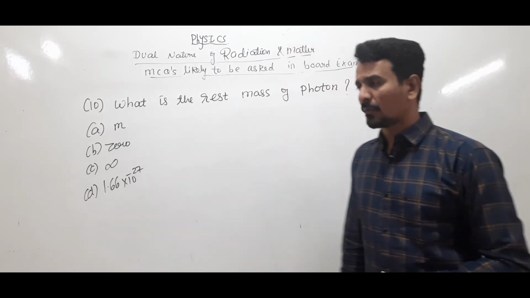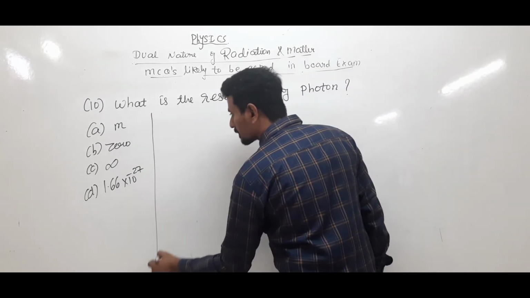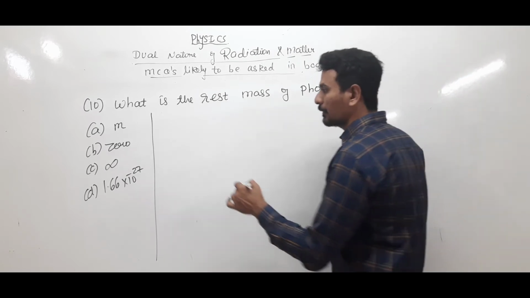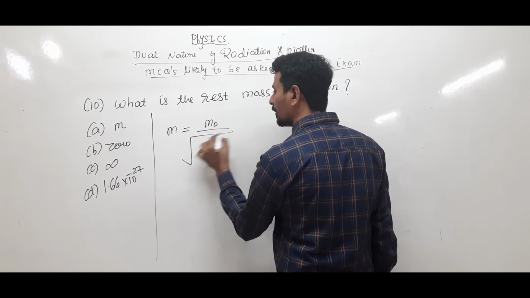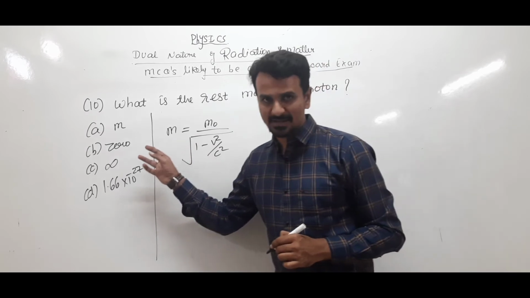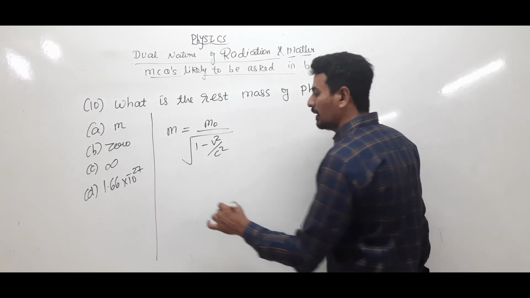The next one. 10th one. What is the rest mass of a photon? A photon will always travel with the speed of light. From this equation, m is equal to m0 upon root of 1 minus v square by c square, where m represents the mass of the photon and m0 represents the rest mass of the photon.